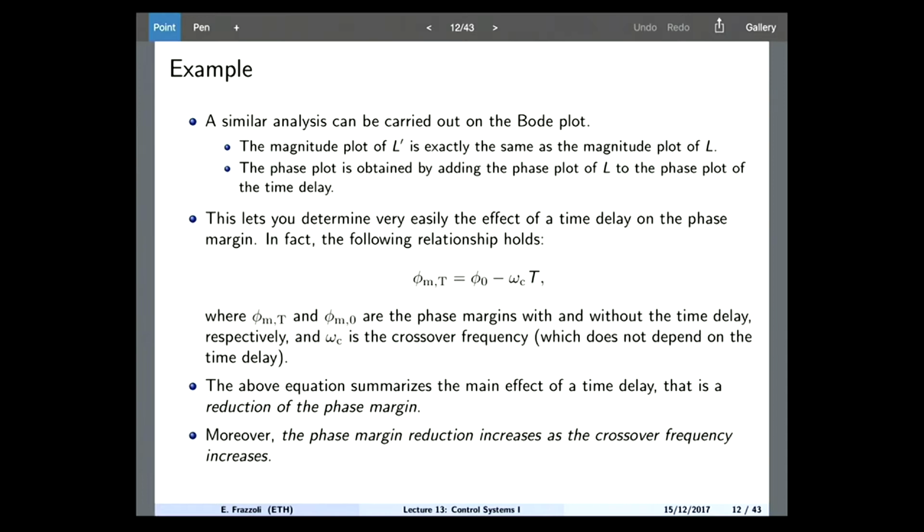So the faster you want your system to behave, and remember that the crossover frequency is an estimate of your closed loop bandwidth, the more phase margin reduction you will have for a given time delay. So just be careful. That's one of the reasons why you may not want to push the crossover frequency or the closed loop bandwidth too much, because then you are exposing yourself more to potential instabilities due to the time delay.